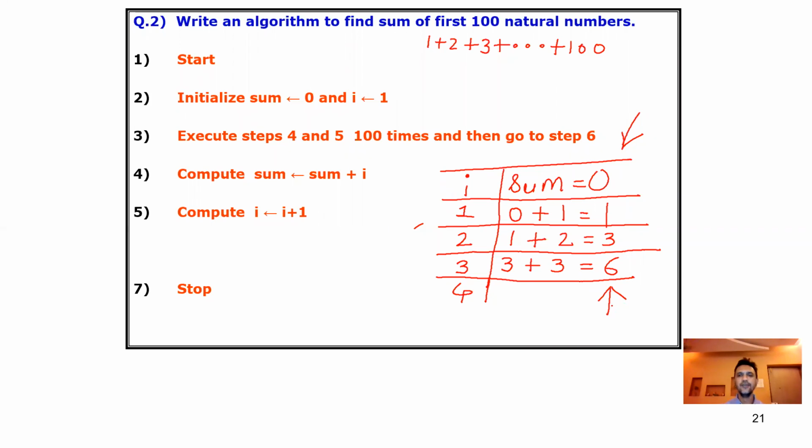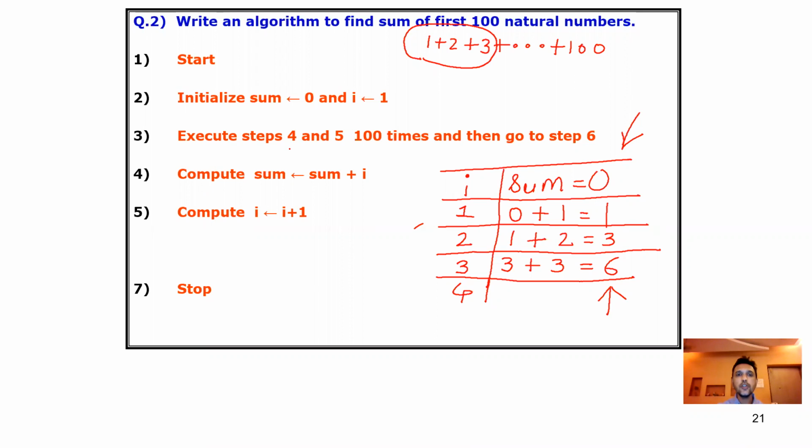Sum of first three natural numbers. Very good. This 6 is basically the sum of first 3 natural numbers. So try to understand what happened over here. When we execute step number 4 and 5 3 times, you get the sum of first 3 natural numbers.